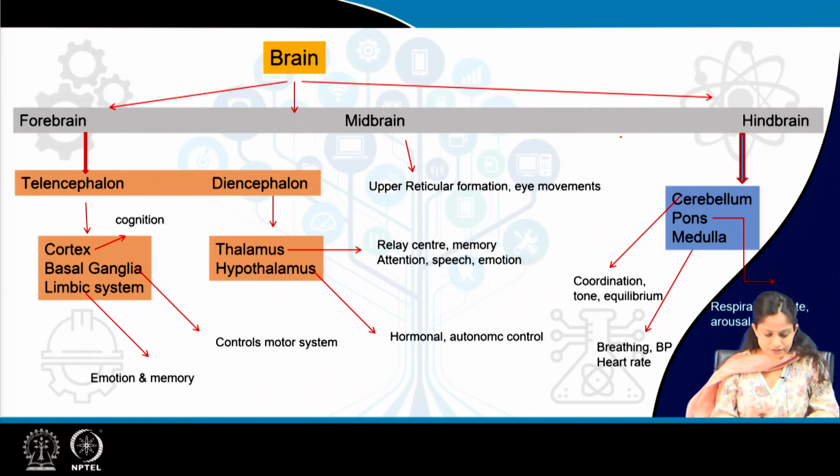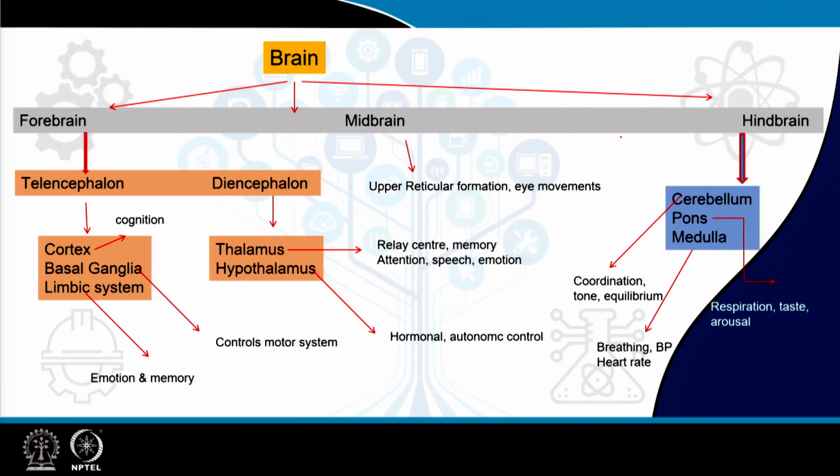Before that, we'll go into the various parts of the brain with various functions. Now forebrain is divided into telencephalon and diencephalon. Telencephalon gives rise to, you don't have to remember all the structures, but what is important is the functions of these structures. Even if you don't remember the derivations. So cortex, basal ganglia, limbic system.